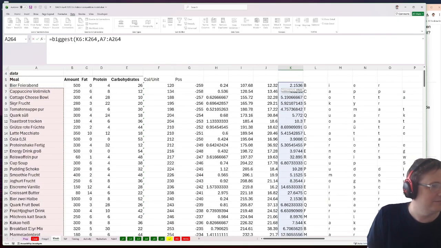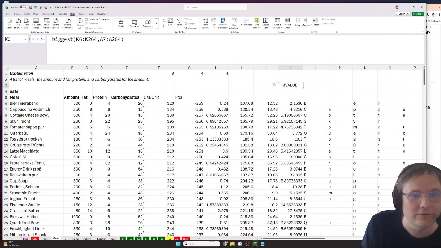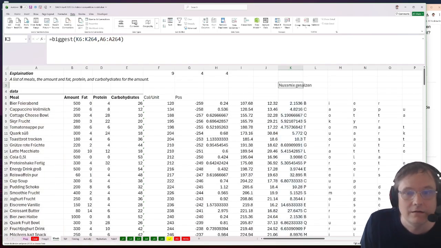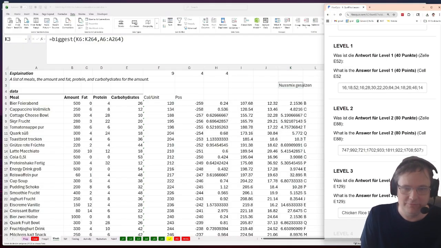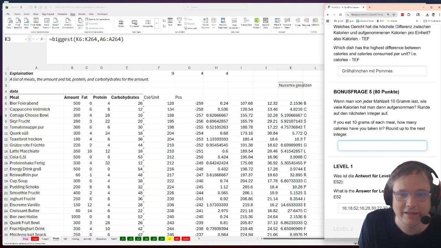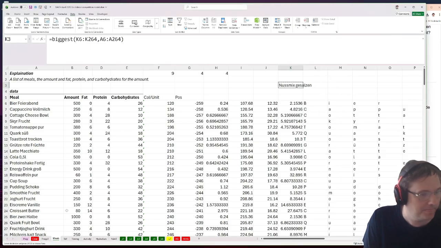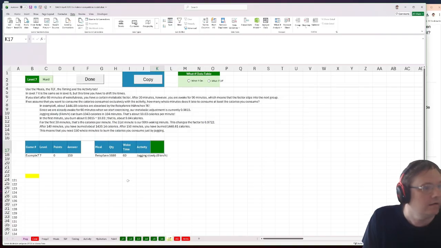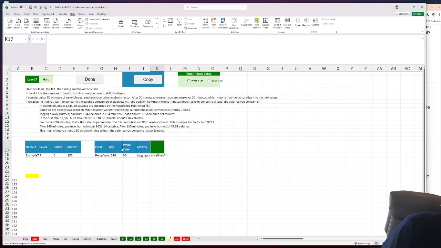I don't know why that's level 7. I haven't got to level 7 yet, so who knows. All right, that was also the most calorie dense, whatever that is. All right, 6 minutes. Geez.